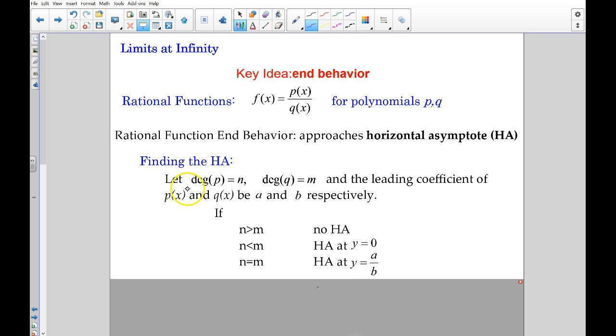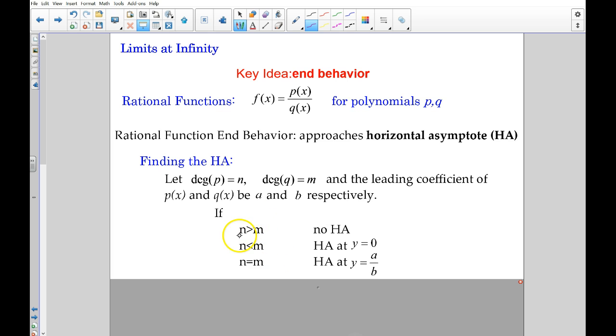So if we call the degree of the numerator polynomial p, n, and we call the degree of the denominator polynomial q, m, we also need to know the leading coefficients. The leading coefficient of p we're going to say is a, the leading coefficient of q is b, and then with that we can get the horizontal asymptotes in some cases.